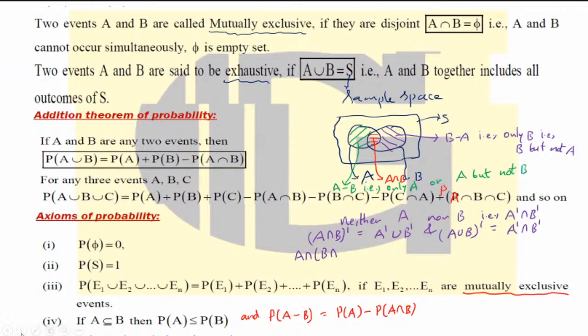Same type of union or same type of intersection is associative law. One intersection and one union is called distributive law. Just like in the matrices chapter, A intersection (B union C) is equal to (A intersection B) union (A intersection C). This is one example of distributive law. Similarly, another distributive law: A union (B intersection C) is equal to (A union B) intersection (A union C).